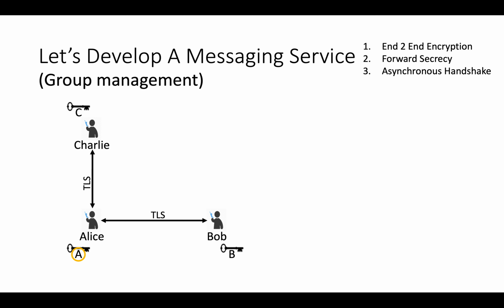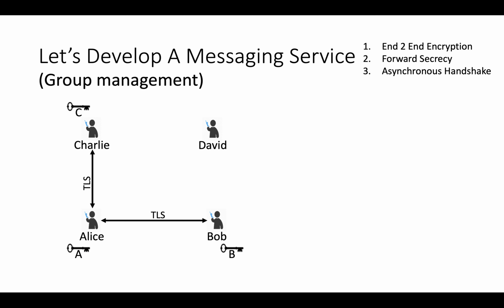This is called the sender key solution because the sender uses its own key to encrypt the message before sending, and the receiver will use the sender's key to decrypt the message. A similar solution is adopted by WhatsApp and Signal.